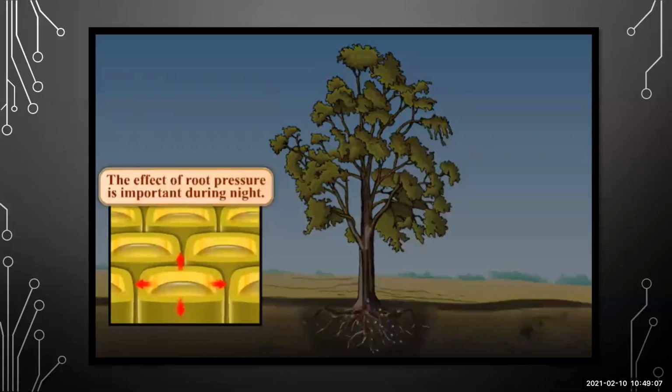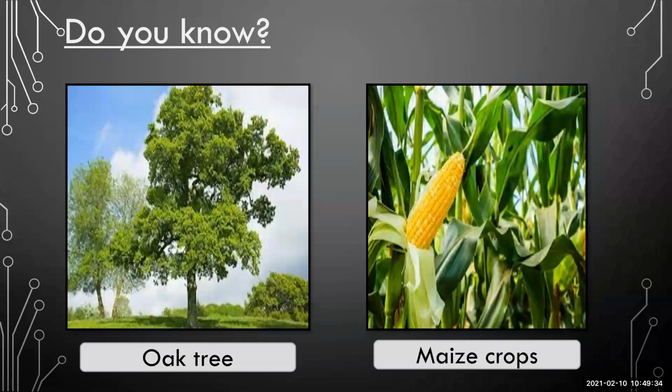This root pressure acts during the night time. Transpiration, the release of water from the plants through the stomatal opening, happens during the daytime. But to balance the water level in the plants, the xylem has to absorb water with the help of root pressure during the night time.